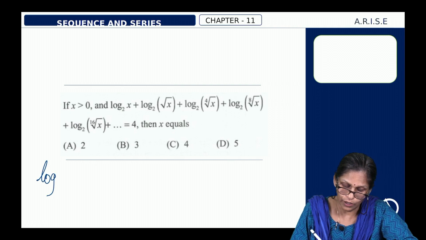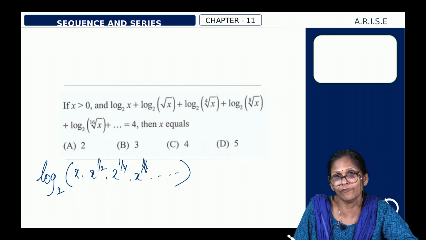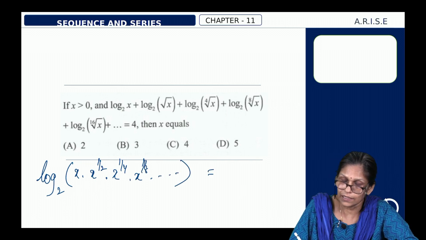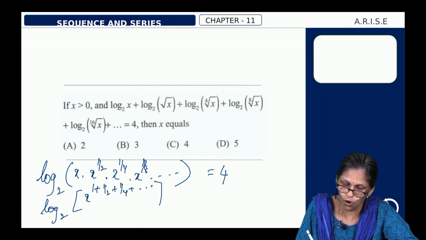Log to the base 2 of x into x raised to half into x raised to 1 by 4 into x raised to 1 by 8 into etc., an infinite number of terms, that is 4. That is log to the base 2 of x raised to 1 plus 1 by 2 plus 1 by 4 plus so on. Isn't that equal to 4?